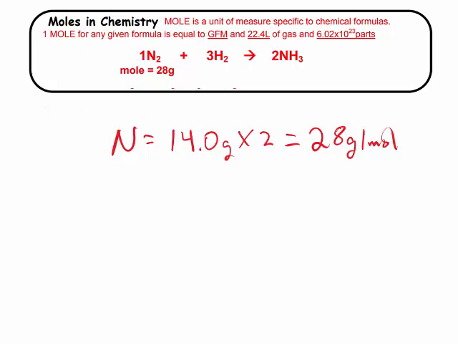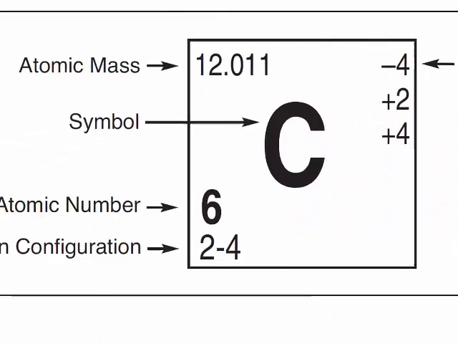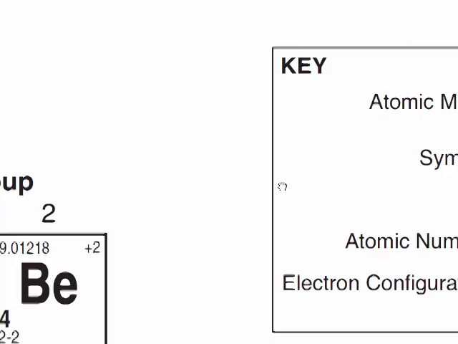Right? If I take a look at the next substance, which is hydrogen, hydrogen is H2, right? And so its GFM is 2. Now, again, where did that come from? If I look at my periodic table, hydrogen has a mass of 1.